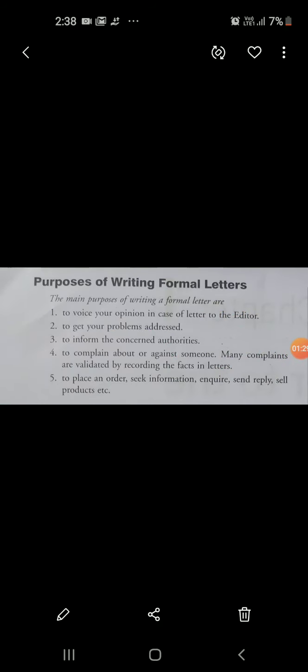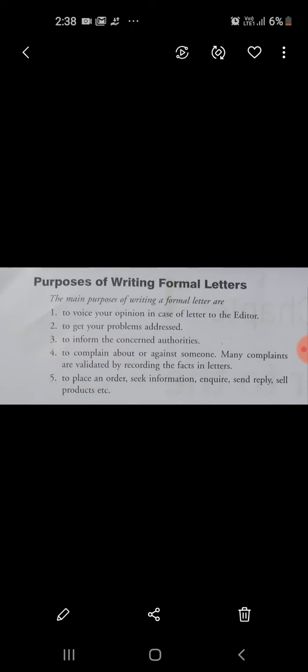After understanding the difference between formal and informal letters, we have to understand why formal letters are written. The main purposes of writing a formal letter are to voice your opinion in case of a letter to the editor, to get your problems addressed, to inform the concerned authorities, and to complain about or against someone. Many complaints are validated by recording the facts in letters.